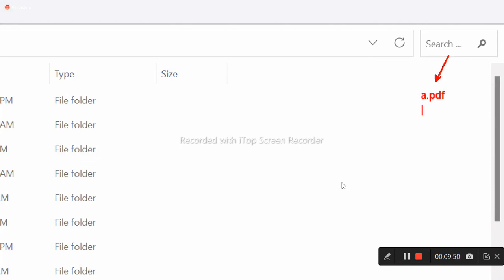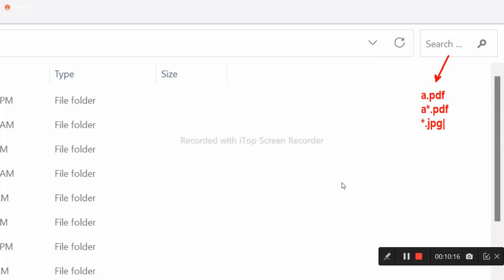You don't know how you search for files on your PC. So we use *.pdf. Suppose I want to find all JPG files on my PC, then usually we write asterisk dot jpg.